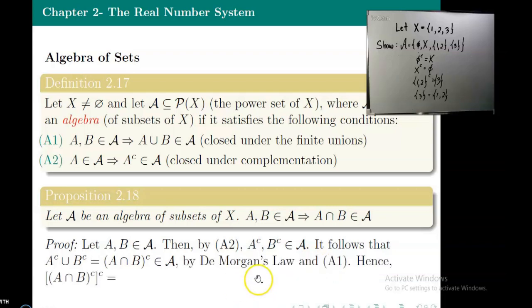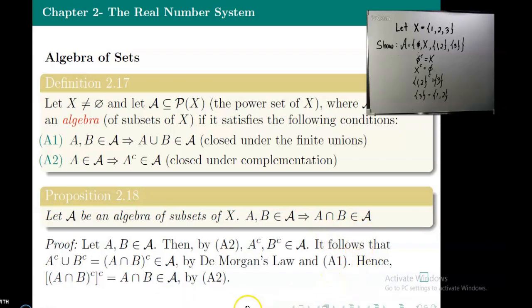So hence, since this is already in the collection, we can take its complement, and its complement should be in the collection. So this is the complement of this set here, which is equal to A intersection B. It's in the collection. So we have shown that the intersection of A and B is in the collection.